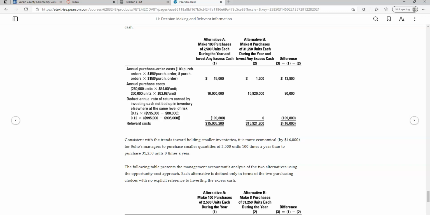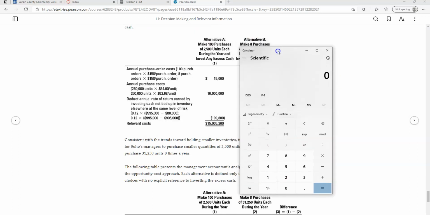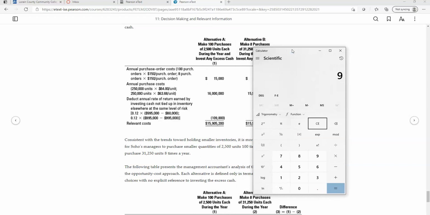Remember, we did have a difference in the carrying amount of inventory of 995,000 minus 80,000. So I have an extra $915,000 tied up in inventory if I choose alternative B.